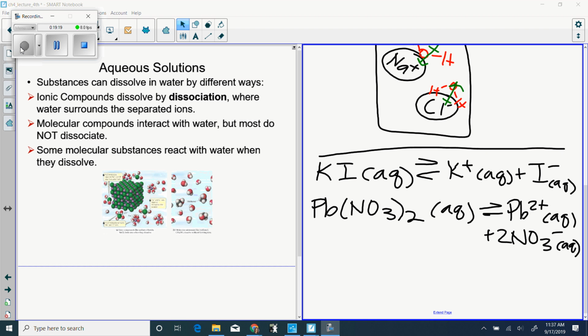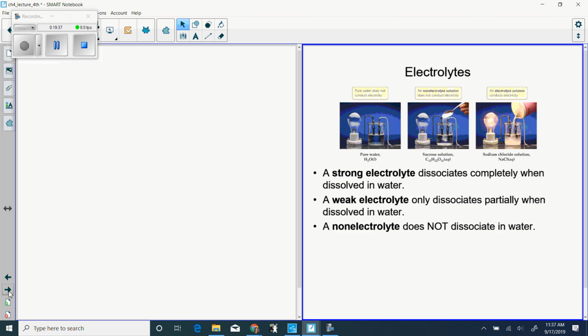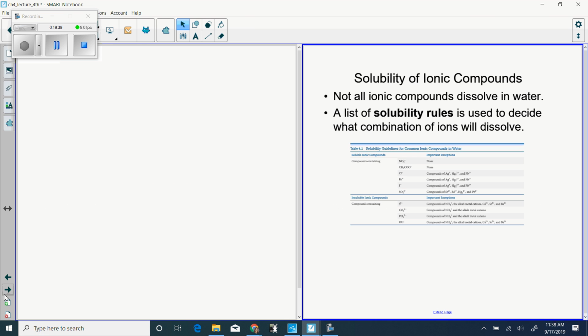Now, you have these rules here on this top chart. The top part of the first chart is all the things that are soluble. So if something is soluble, that means that its phase is going to be aqueous.